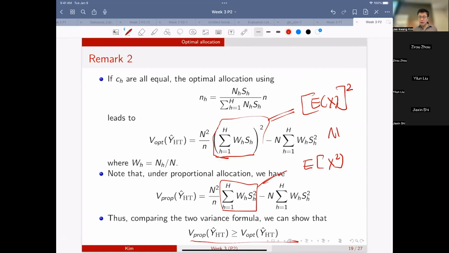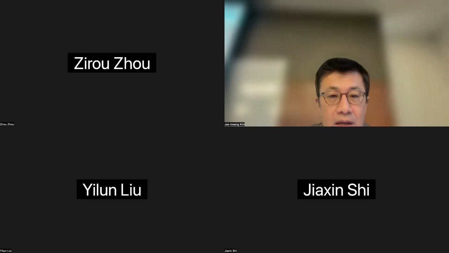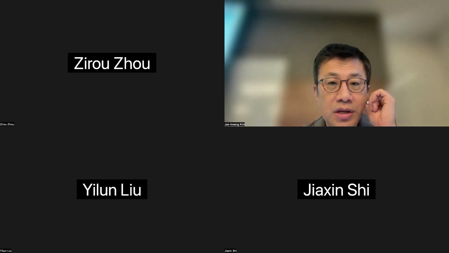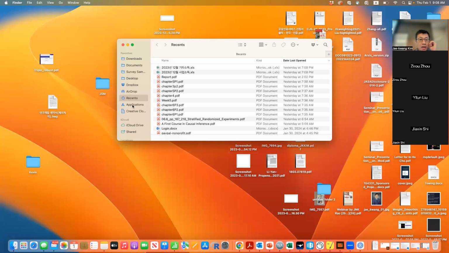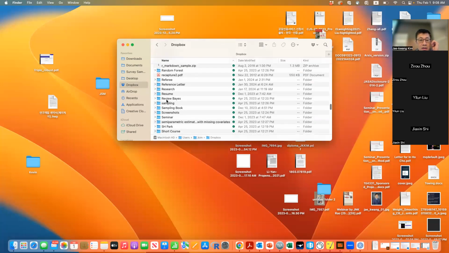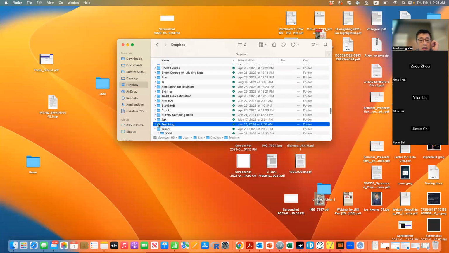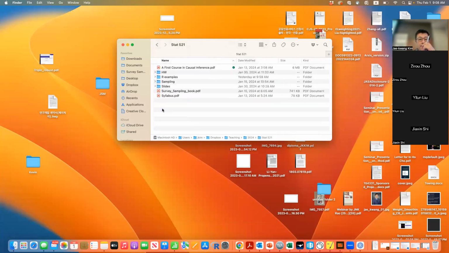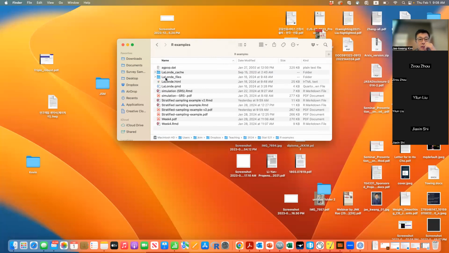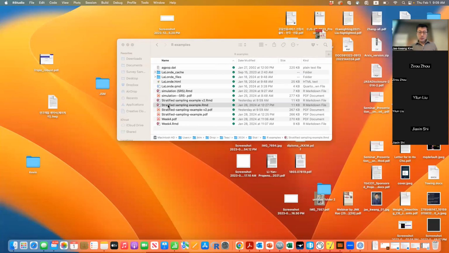Okay. I'd like to use some example. Let me stop the share and use the screen share here. What's going on?